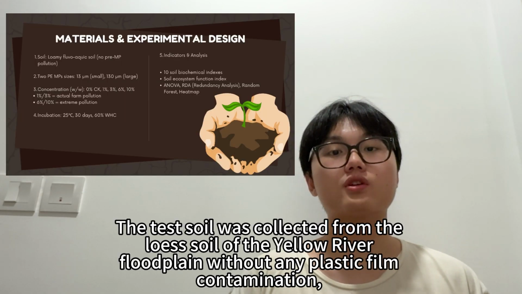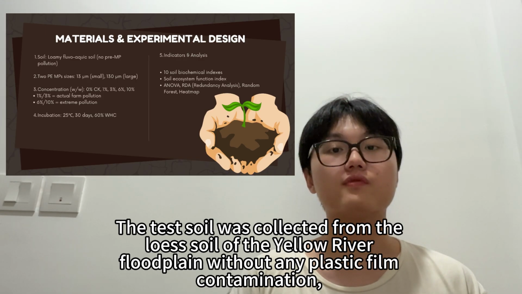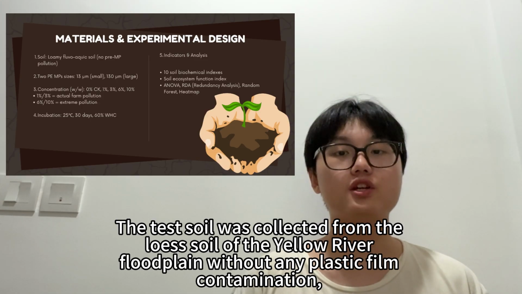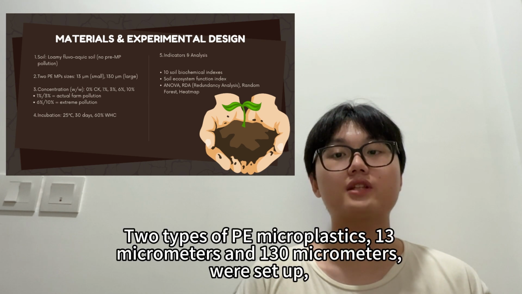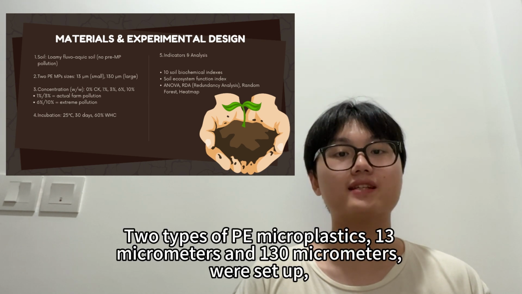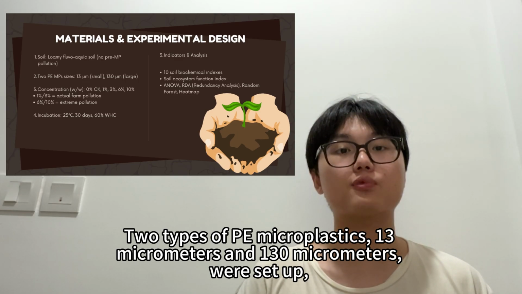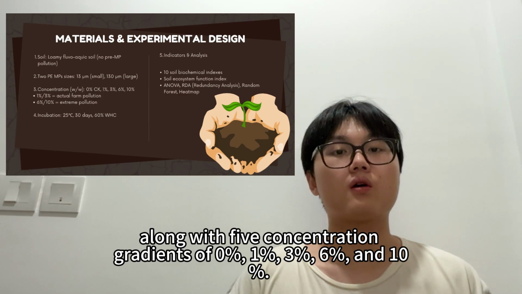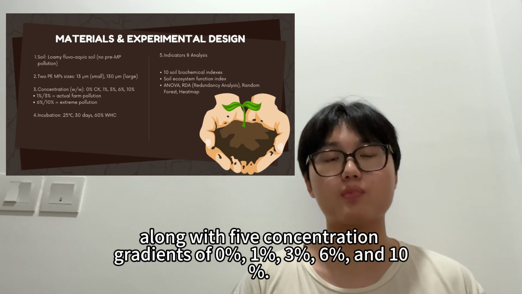The test soil was collected from the loess soil of the Yellow River floodplain without any plastic film contamination, which was highly representative. Two types of PE microplastics, 30 micrometers and 130 micrometers, were set up along with 5 concentration gradients of 0%, 1%, 3%, 6%, and 10%.